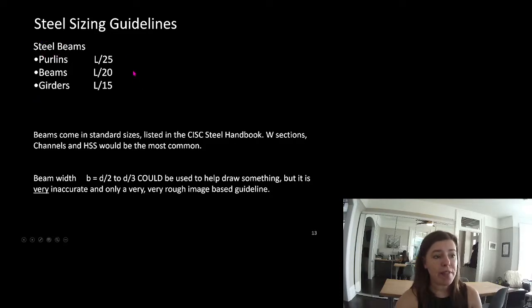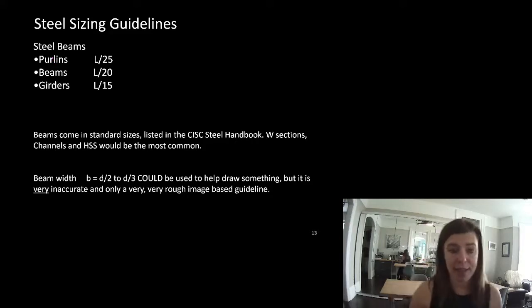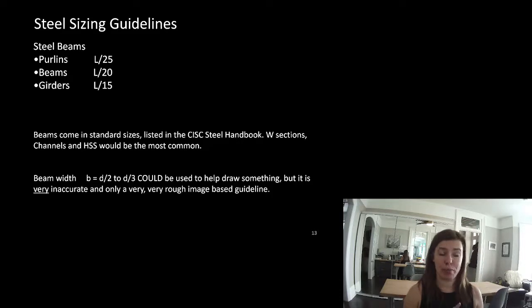All three of these things are steel beams. But when I talk about them in context, we may use the term purlin, beam, or girder. So remember, the purlin is the thing that happens every 2 meters on center, or approximately pretty darn close to 2 meters on center. It's usually picking up concrete on metal deck or metal deck.